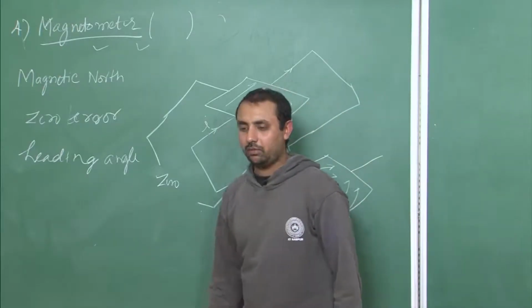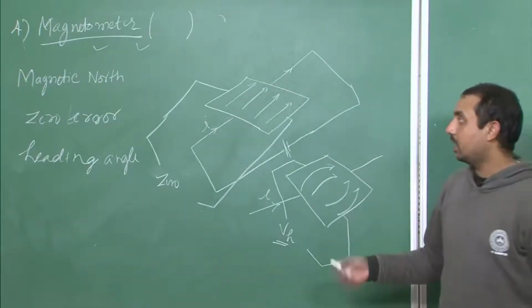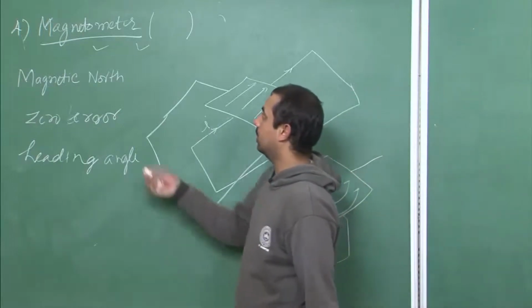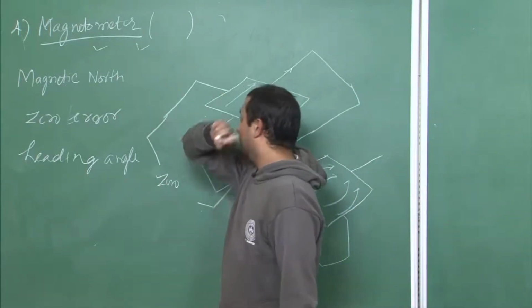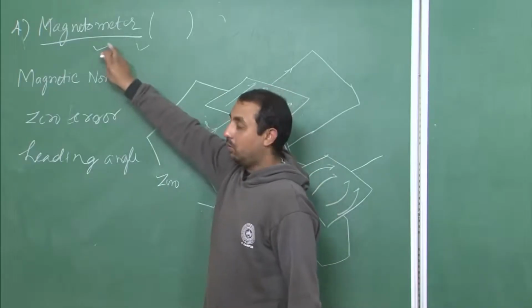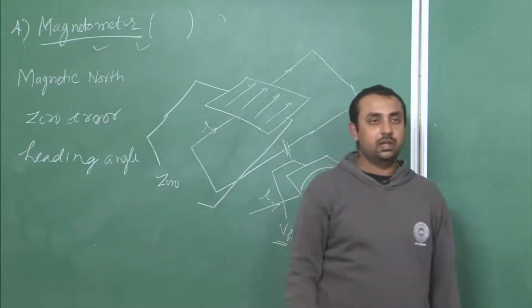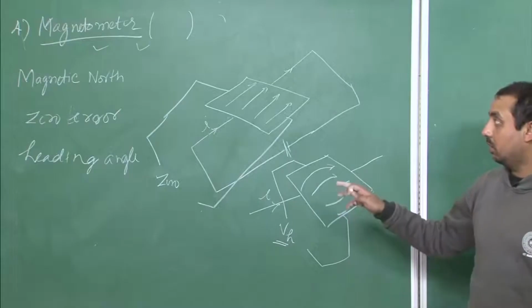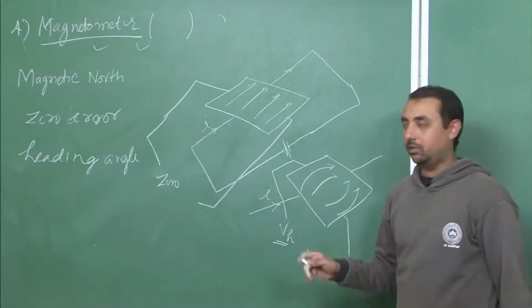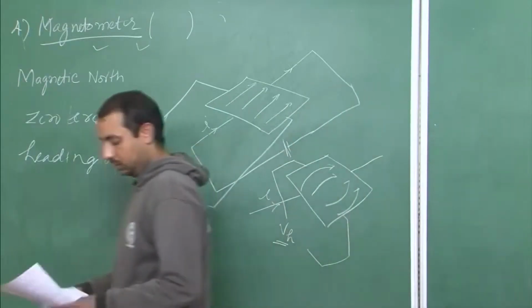Also when you have a large landing gear which is metallic, the problem comes of magnetic field. That's why the mounting of magnetometer has to be considered, where it should be mounted, so that your electromagnetic field does not vary.